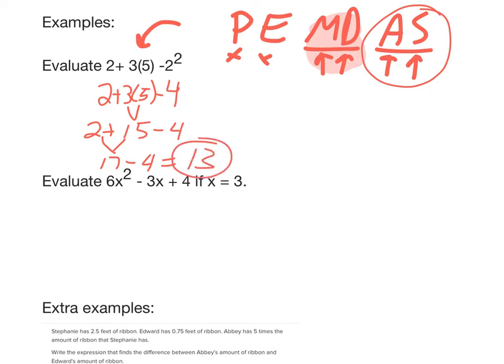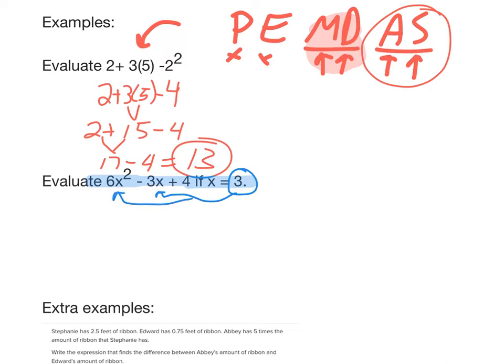There it is. Okay. Next example. Both of these examples should be in your notes. 6x squared minus 3x plus 4 if x equals 3. So I'm going to first substitute 3 where there are x's.